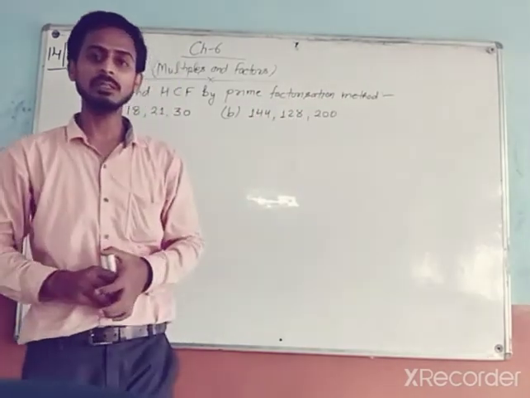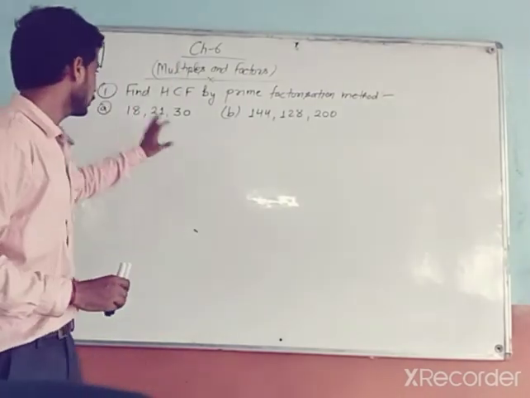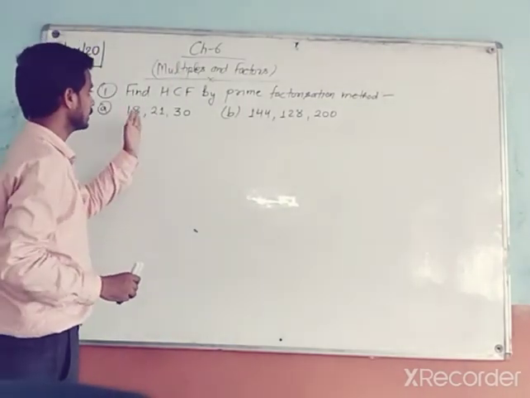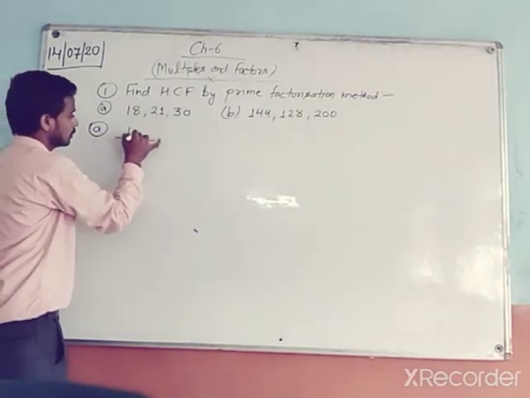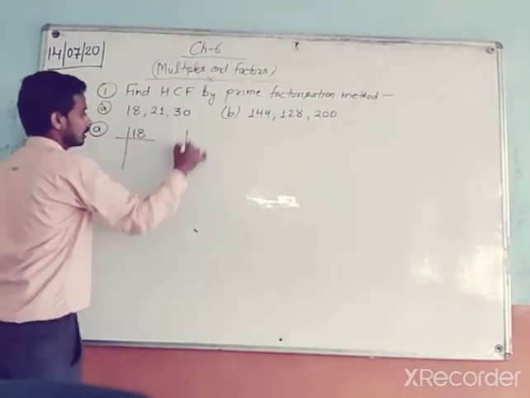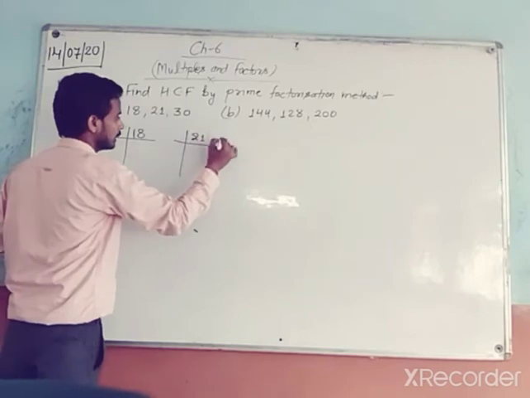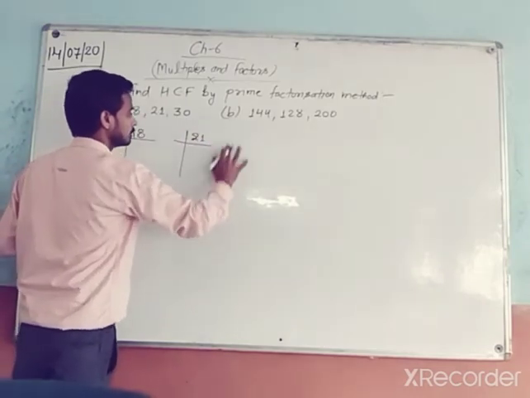In this method, first of all, find the prime factors separately. See how? First of all for 18, then 21, and then 30.